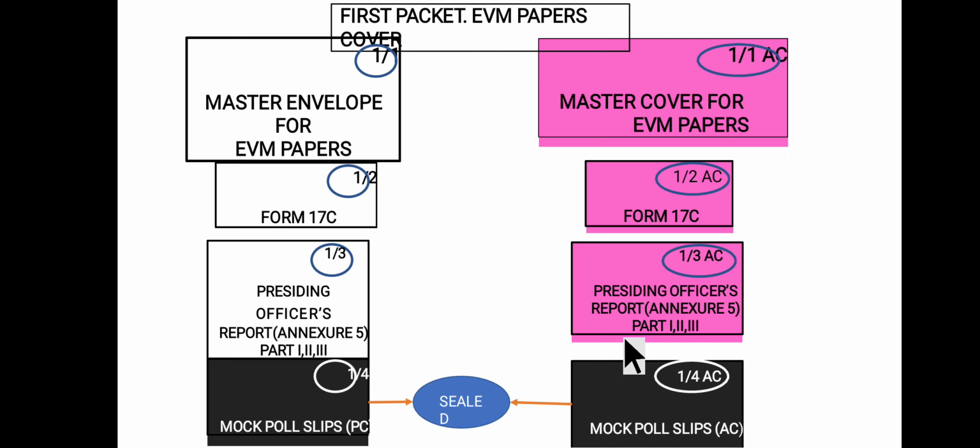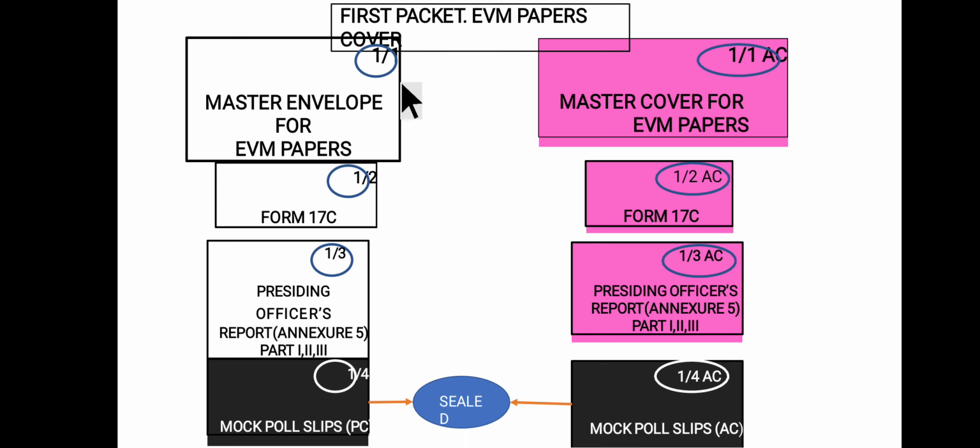Now what are we supposed to do with the election covers supplied by the commission? So there are 6 covers here. We will discuss one by one. The first packet contains cover EVM papers. So here 1 by 1 to 1 by 4 with regard to parliamentary constituency and assembly constituency.